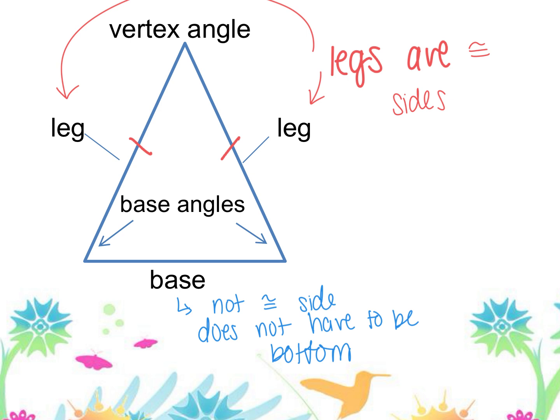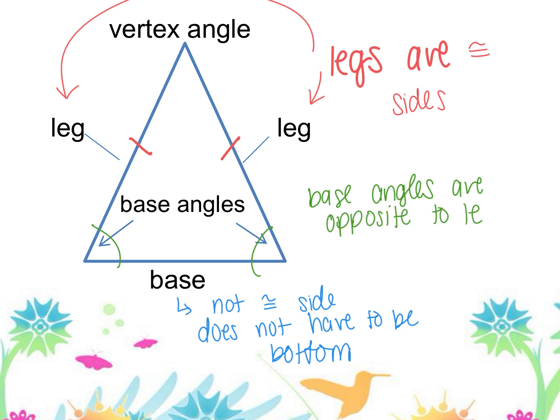Now you have two things called base angles. Something you need to know about your base angles is that they are opposite of the legs. Base angles are opposite to legs. What does it mean to be opposite? Looking at these arrows, look kind of how they're pointing.